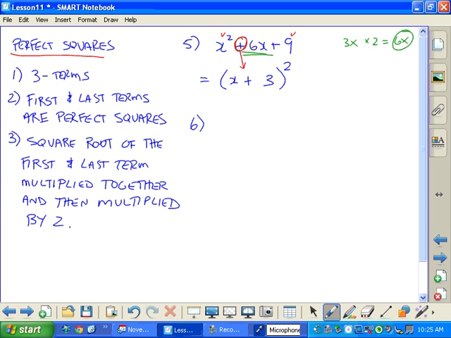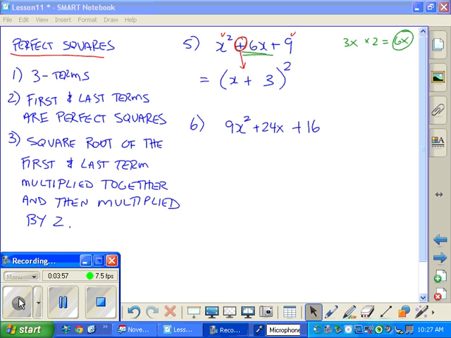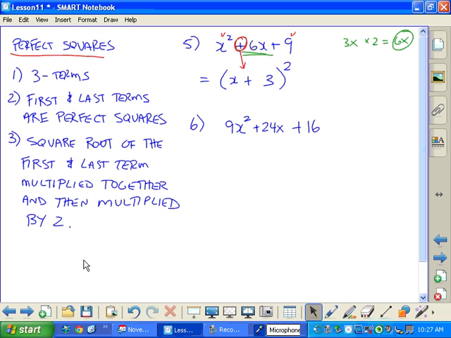Let's do another one. So we'll go 9x squared, and then 16, and plus 24x. So going through our check again, 3 terms. Are the first and last terms perfect squares?